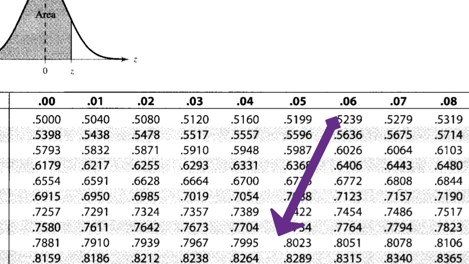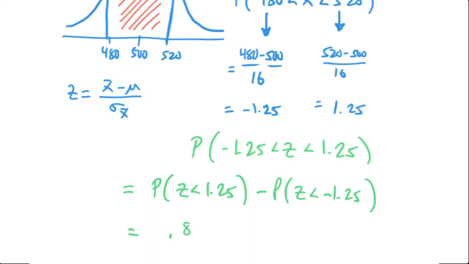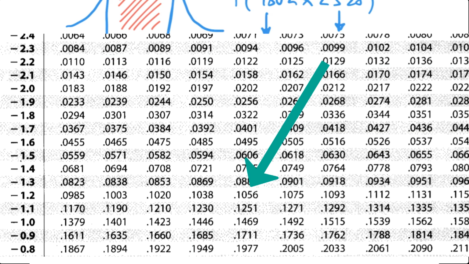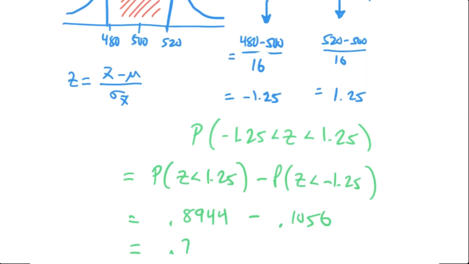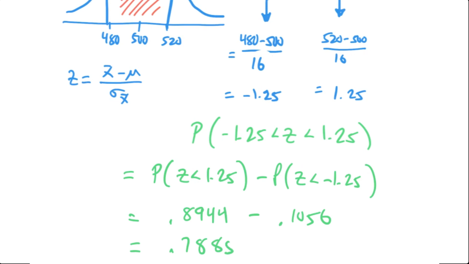For 1.25, we get 0.8944. For negative 1.25, we get 0.1056. And the difference equals 0.7888.